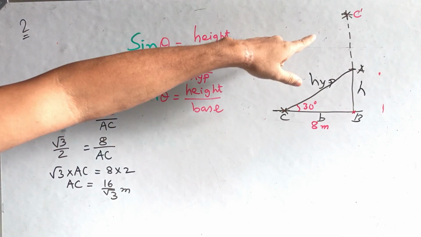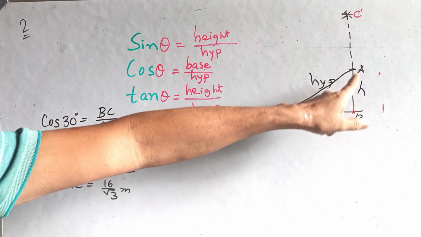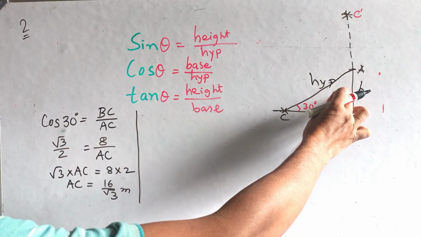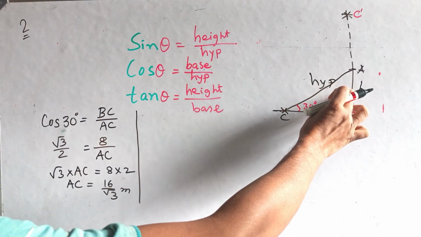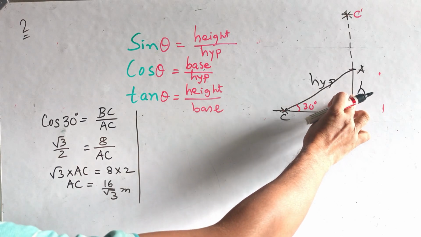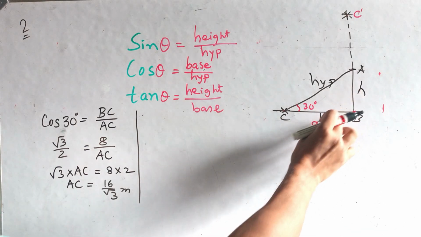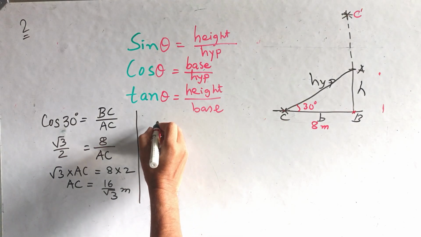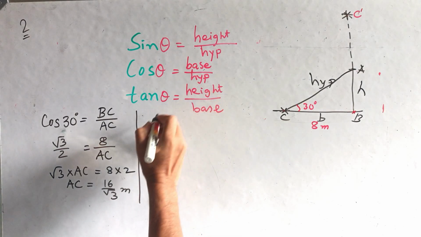Okay, now we'll find this part, AB. For finding AB, you have to see the relation. You can take any one now because you know these also. So better we'll take this one: height and base. Height and base is tan theta.